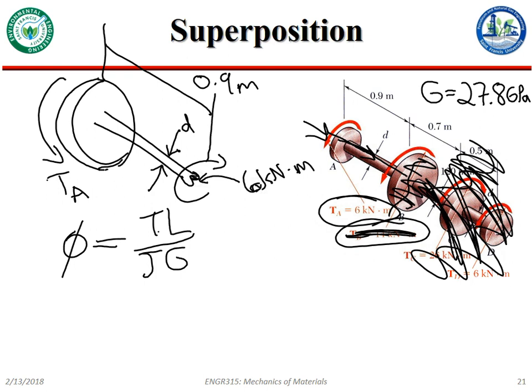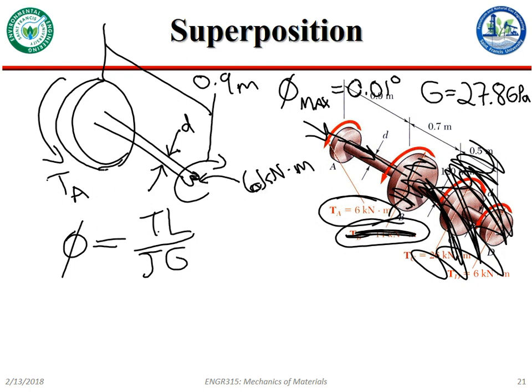I'm also going to specify that this shaft can twist no more than a hundredth of a degree in order to maintain the precision in the system. So another way of saying that would be a maximum angle of twist of 0.01 degrees.